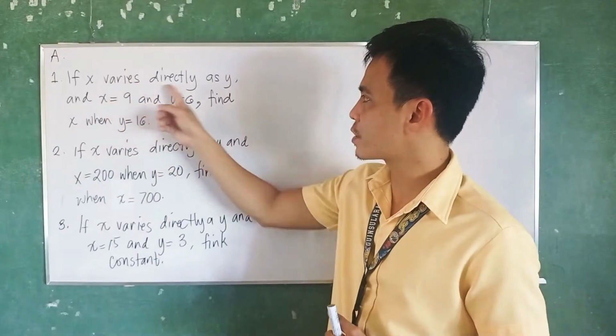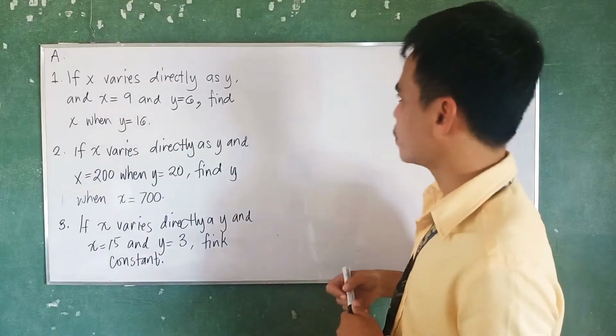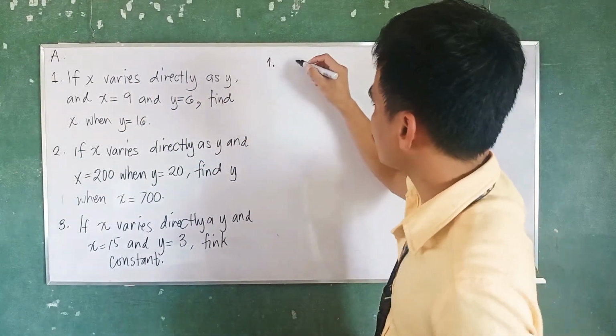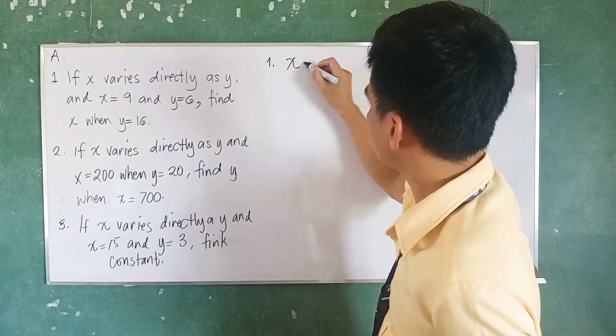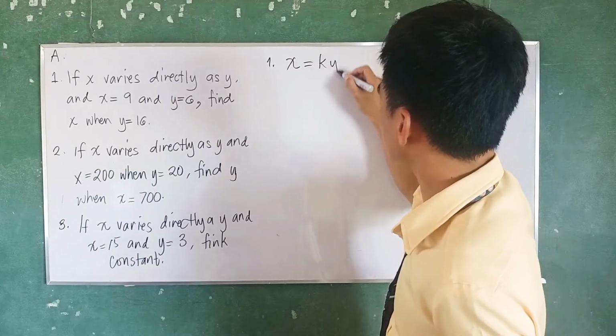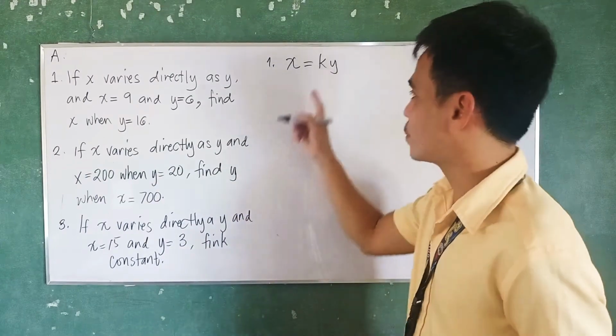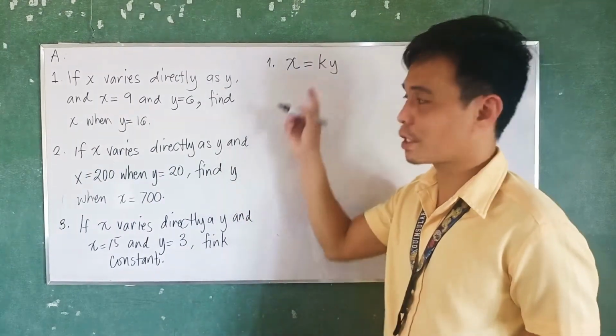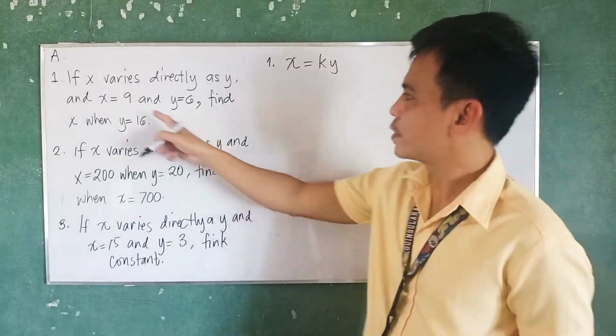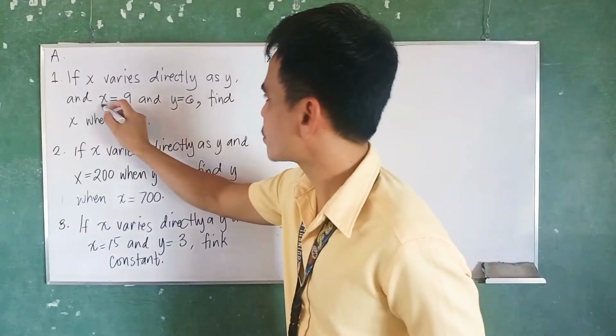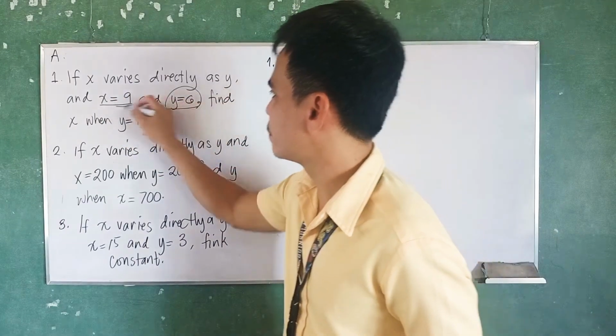So if x varies directly as y, so therefore, number 1 there is x varies directly as y. So meron na tayong mathematical symbol. Therefore, you have to substitute first the first given values.